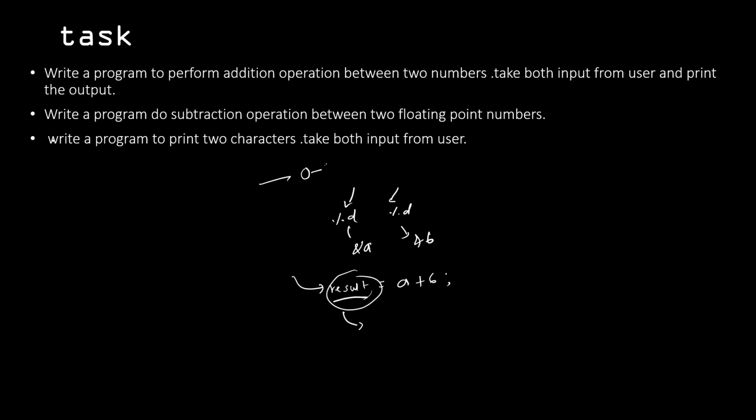So let's move on to our next program. Write a program to do a subtraction operation between two floating point numbers. Here you are not going to use %d, you are going to use %f to get our input from our user.